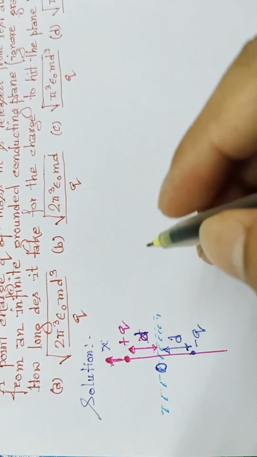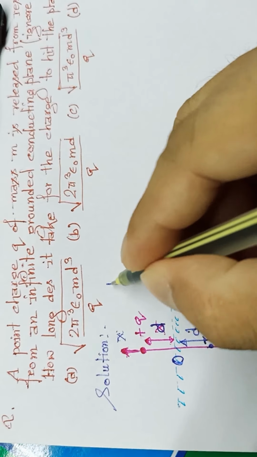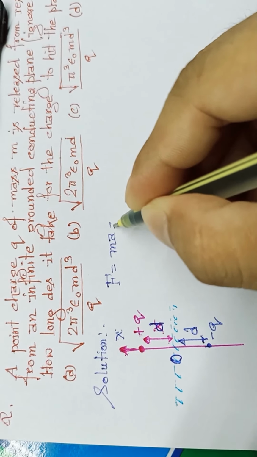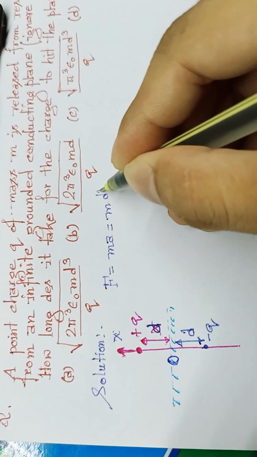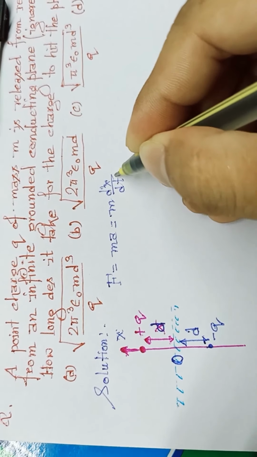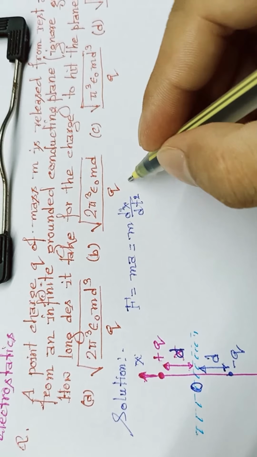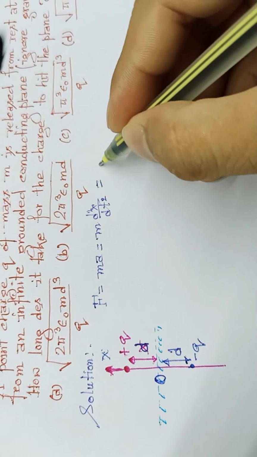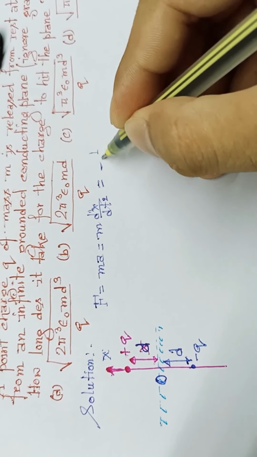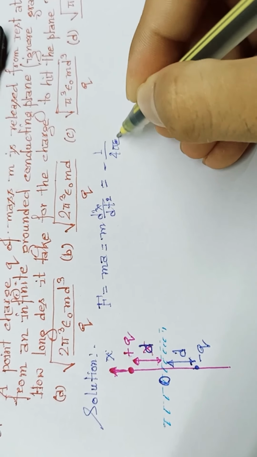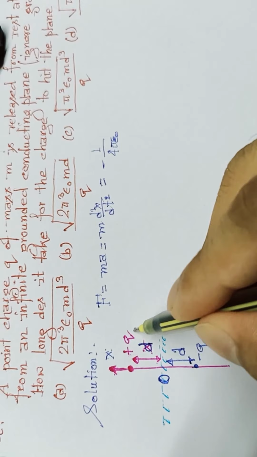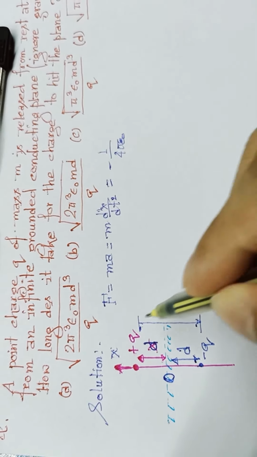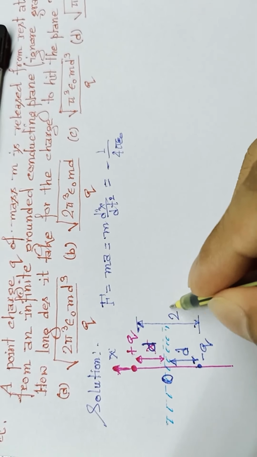Now from Newton's law of motion we know F, the force, equals mass times acceleration, ma, which is equal to m d2x with respect to dt square. But the electrostatic force of attraction between these two charges will be equal to minus 1 divided by 4 pi epsilon naught, and because this distance is plus d and this distance is minus d, in aggregate the total distance will become 2d.